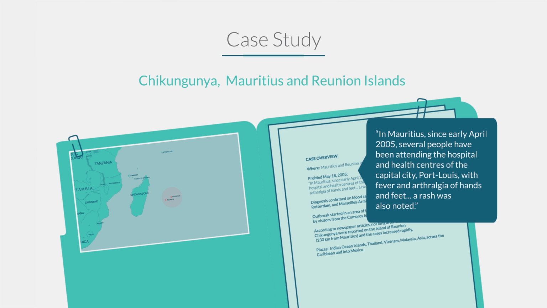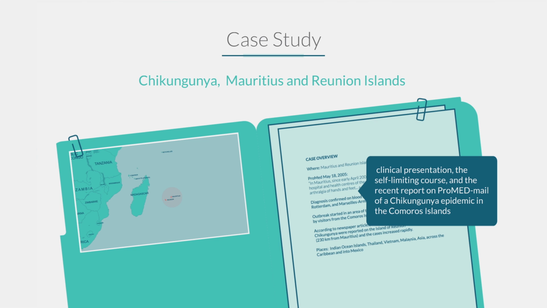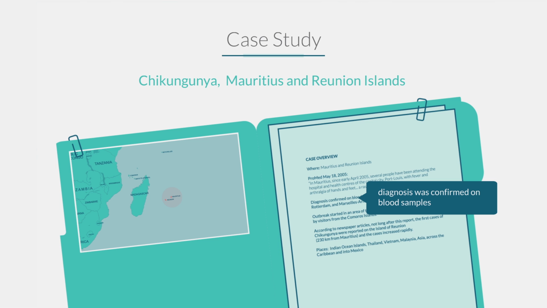Chikungunya virus was suspected based on the clinical presentation, the self-limiting course, and the recent report on ProMed Mail of a chikungunya epidemic in the Comoros Islands. The diagnosis was confirmed on blood samples sent to Erasmus University in Rotterdam and Marseille Army's laboratory in France.